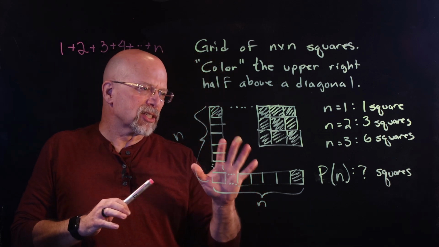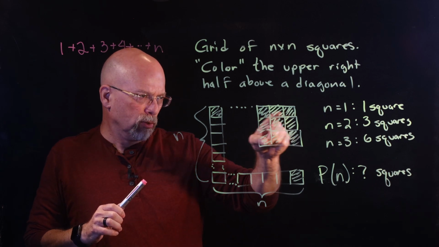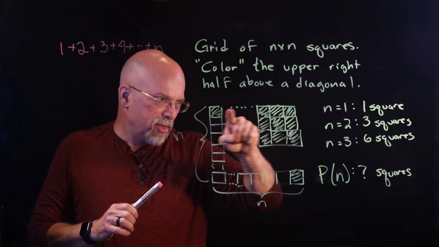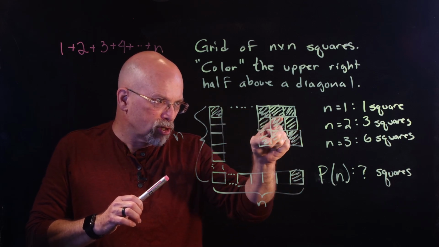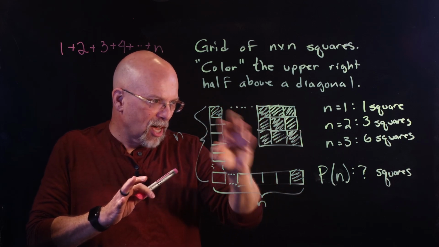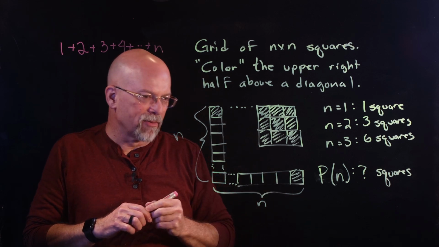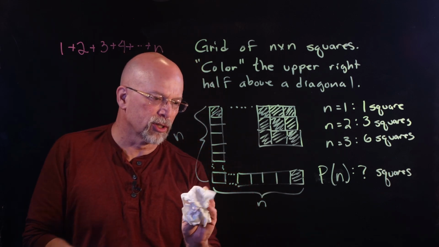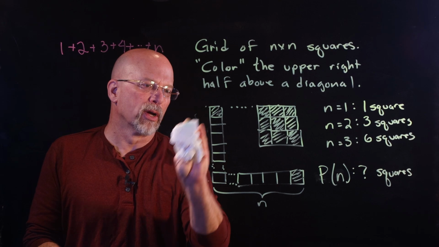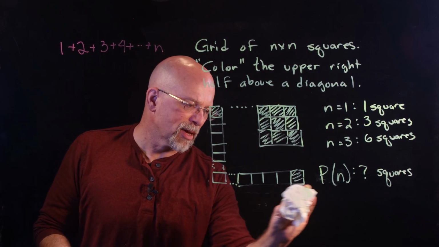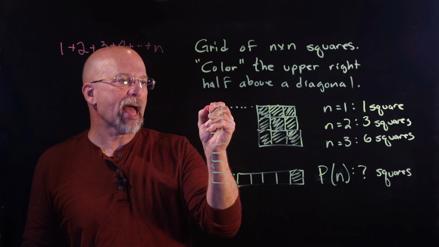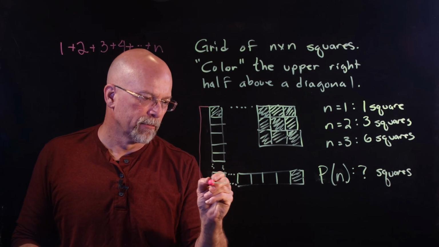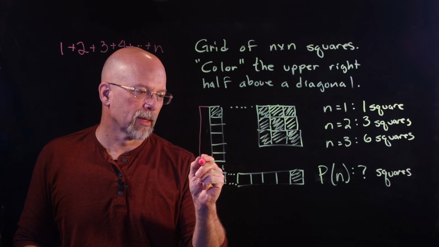Well, the way we can solve this problem is that if you look, I have the upper diagonal colored so that there's just a few more of the colored squares than there are of the non-colored squares. So what we're going to do is actually change the dimensions just for the purpose of a proof. We are going to add another column here, all right?